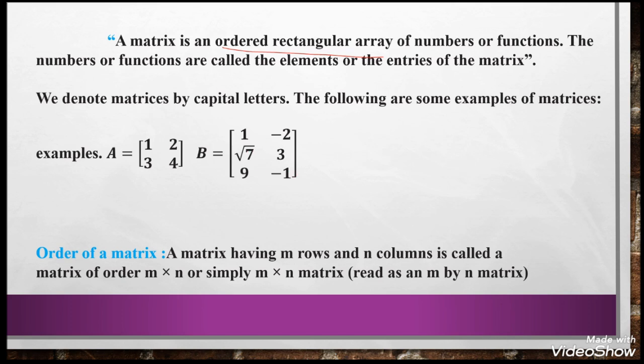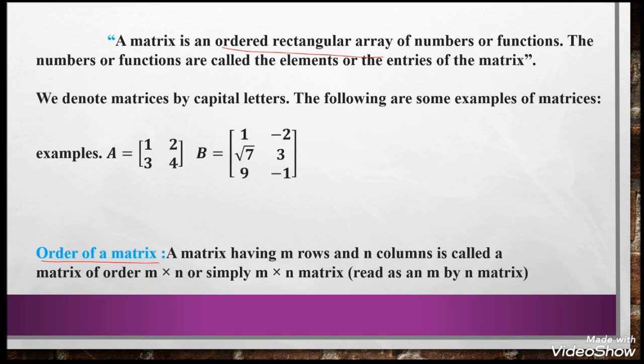Now there is the concept of order of a matrix. Usually the order of a matrix is indicated by the number of rows and the number of columns.